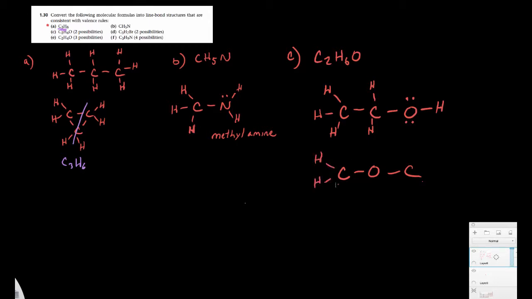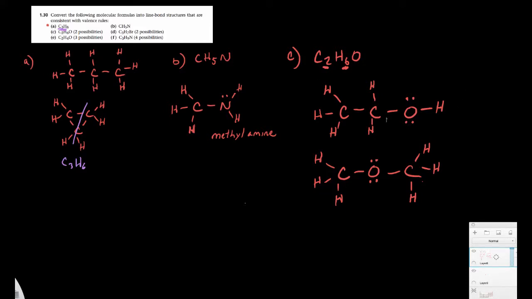We'll put the 3 hydrogens around this one, and then the 3 hydrogens around here, so that makes up our 6 total hydrogens in this molecule. And then this oxygen, again with 2 things bonded to it, will have 2 lone pairs. And here we have essentially two structures that fit this molecular formula.